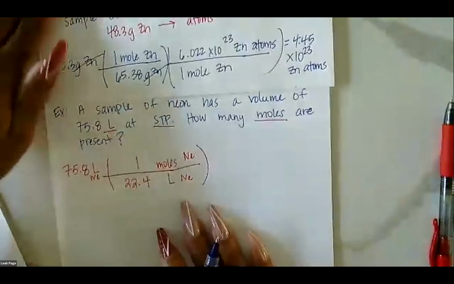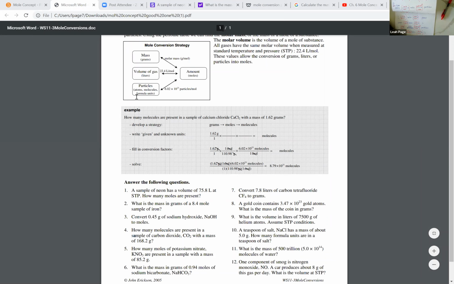It's saying, look guys, if I start off with a mass, use the molar mass to get to moles. If I start off with the volume, use the molar volume to get to moles. If I start off with a particle, the particle can be an atom, a molecule, a formula unit. It didn't put ions here, but it should.